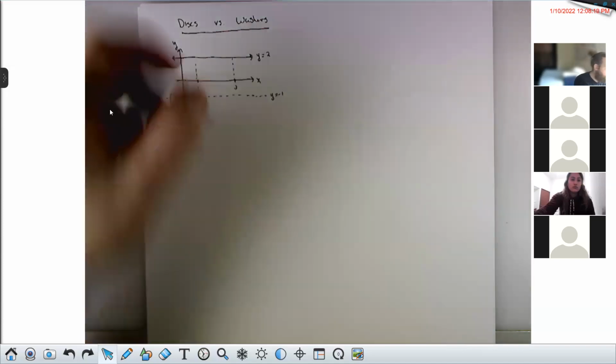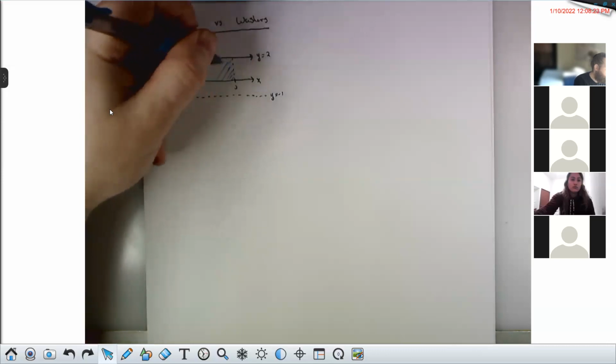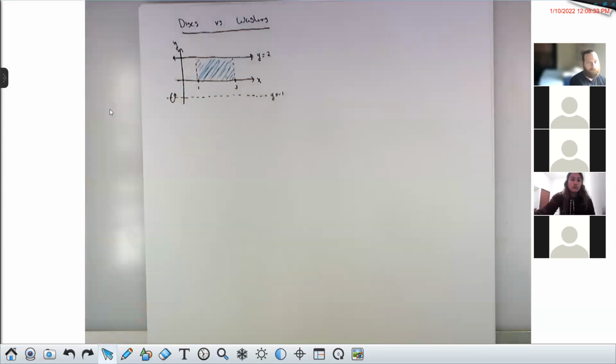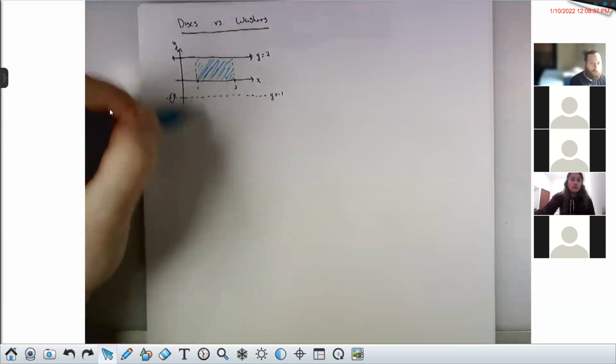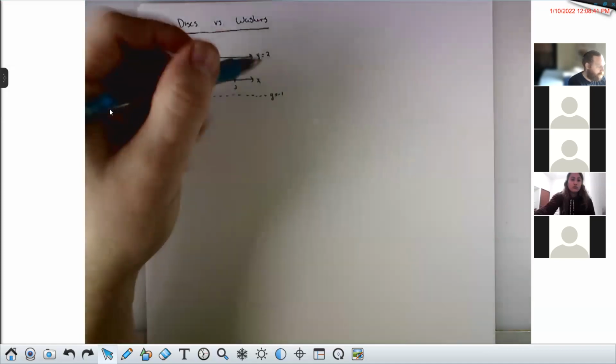My region is the same region it was before. Still just this region. But when I revolve this region around this axis, I get a more complicated shape now.